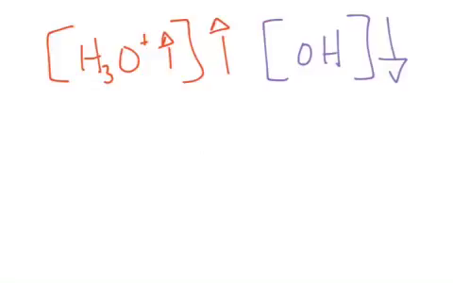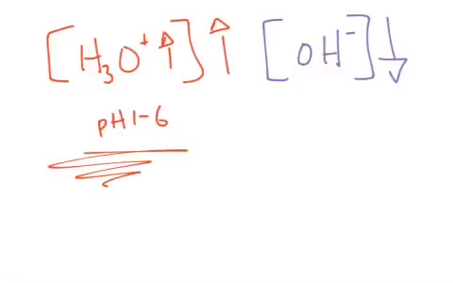And what's happening is, as the concentration of hydronium changes, so does the concentration of hydroxide. If you are increasing the amount of hydronium and you're getting pHs like 1 through 6, then you have a lot of hydronium and very little hydroxide.